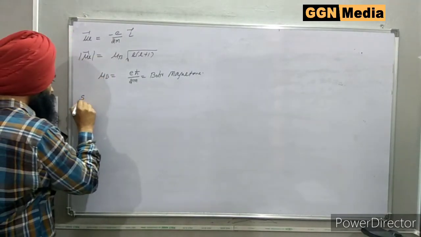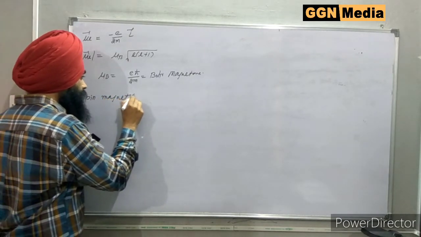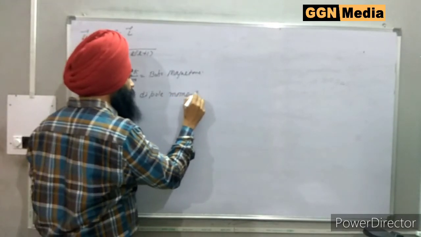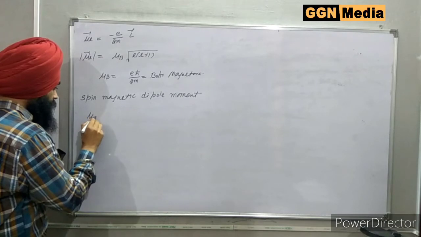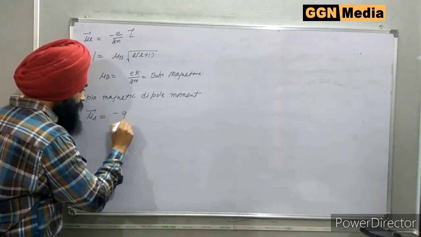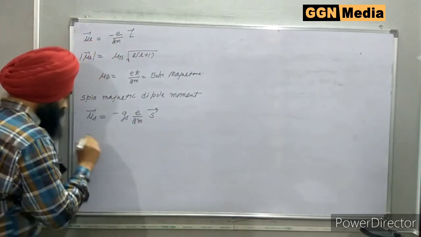Similarly, we have the spin magnetic dipole moment, mu S, which is equal to minus Gs e upon 2m into S vector.